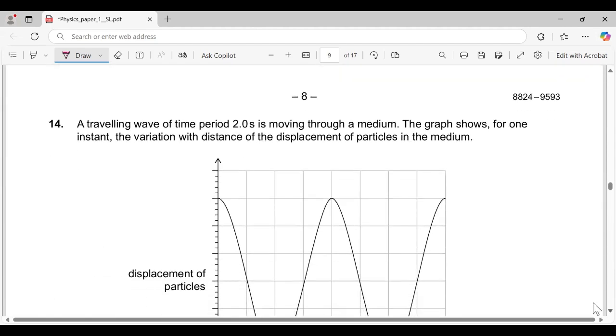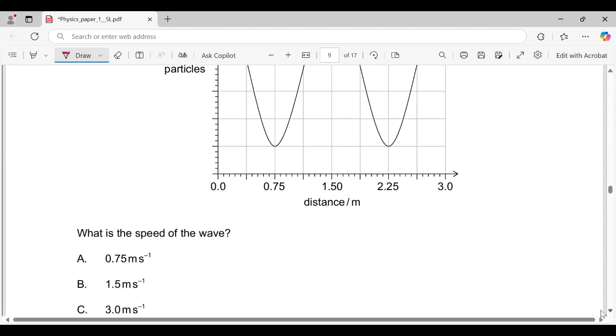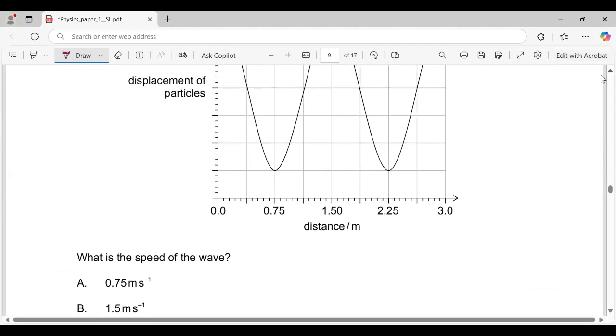Next, number 14. A traveling wave of time period 2.0 seconds is moving through a medium. The graph shows, for one instant, the variation with distance of displacement of particles in the medium. The question: what is the speed of the wave? The speed, or velocity, is distance over time.